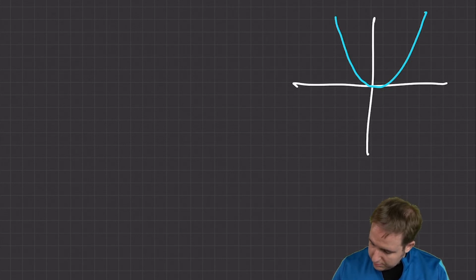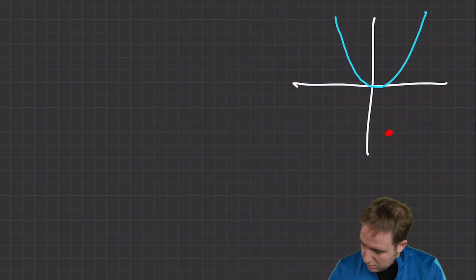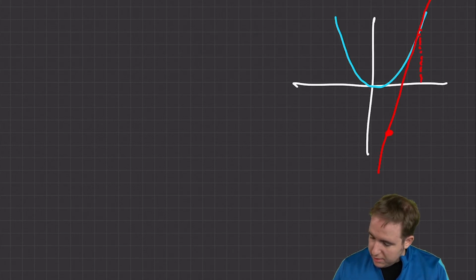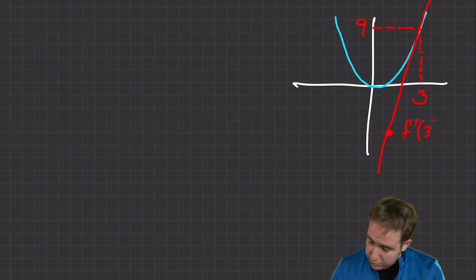What do we feel like? Something in red. So this is 3. 3 squared is 9. And the slope f prime of 3 would be 2 times 3, which would be 6. So this line has a slope equals 6.